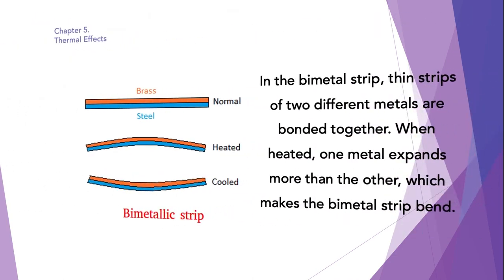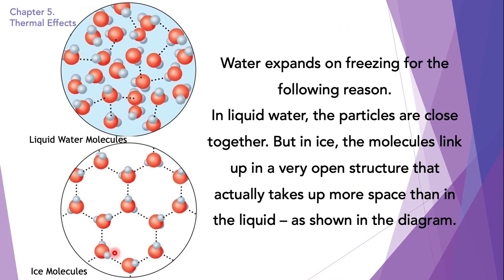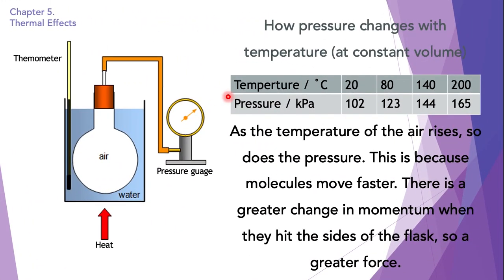Then we looked at some examples of thermal expansion, like the bimetallic strip. Then we understood the difference between water and ice. Then we read how pressure, volume, and temperature are linked together: when temperature increases, pressure also increases if the volume is kept constant.